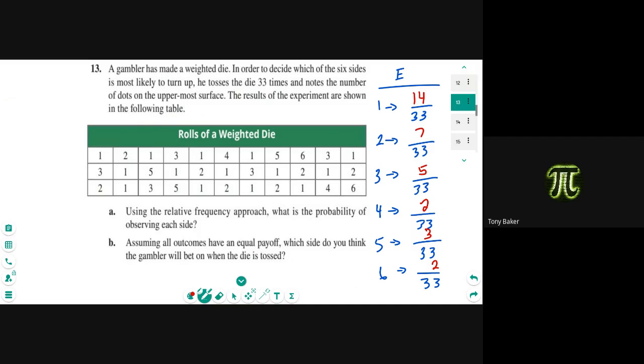When you get that high, you'd expect it to be pretty close to 50-50, a 50% chance. So 50.8 is a significant difference. It's almost a full percentage. So that's quite a bit of a difference there.